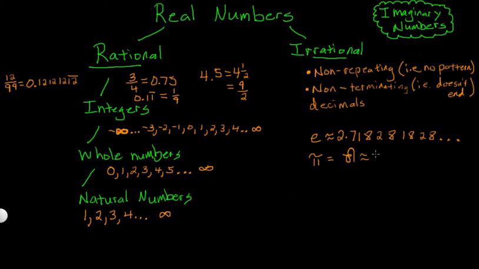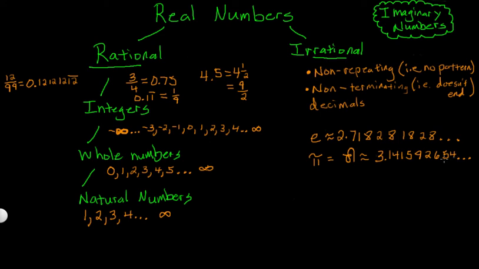Wa is an irrational number. It is a non-repeating, non-terminating decimal. We can approximate it as 3.141592654, and so on. The ellipsis, the three dots, means that it is non-terminating, it does not end. The decimals continue to go.